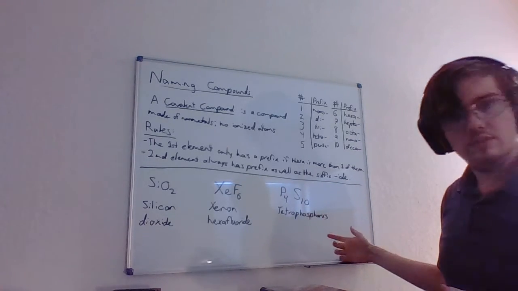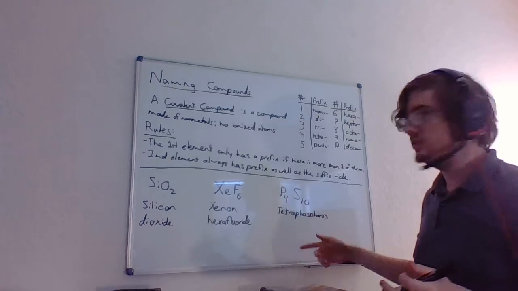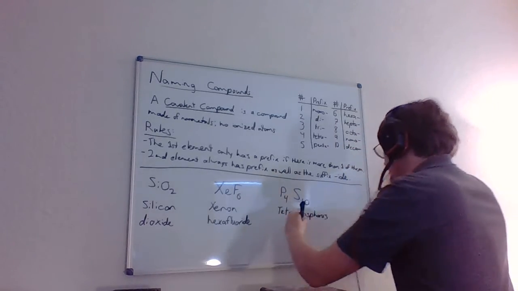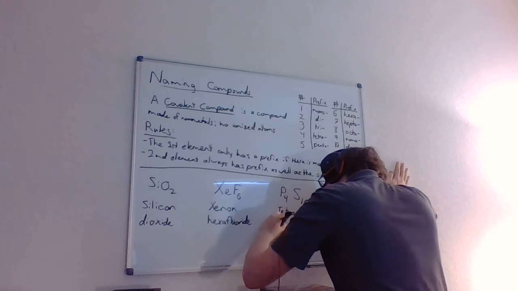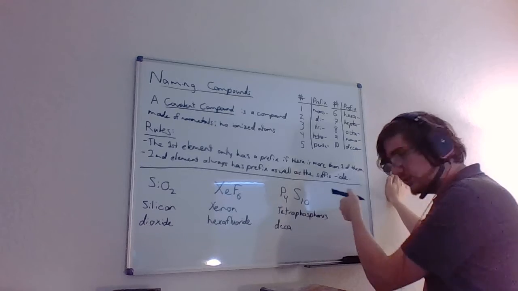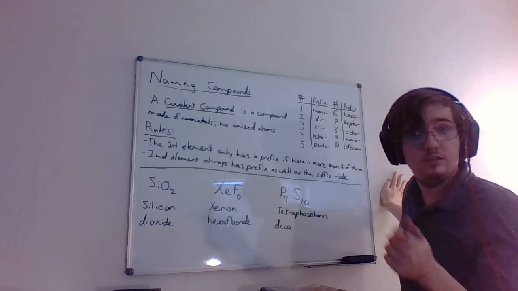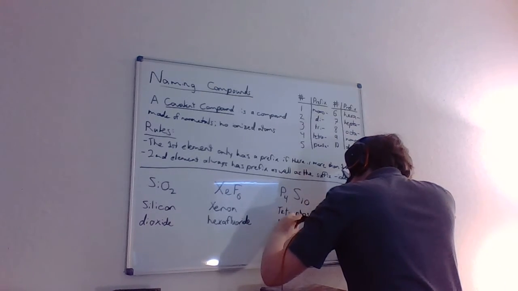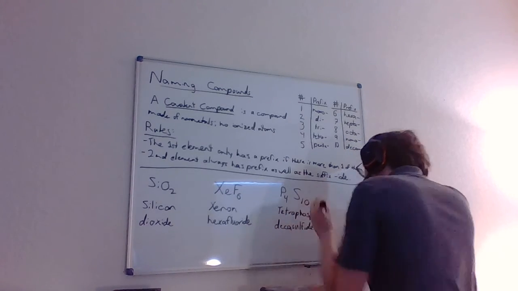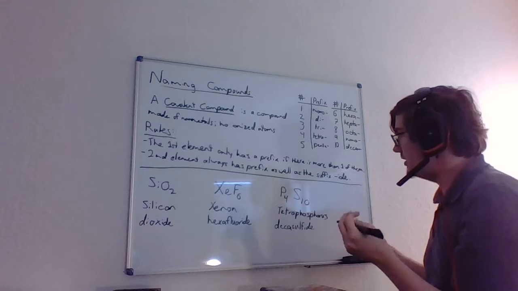There are 10 sulfurs, so we use the prefix from this table, deca. So the prefix is deca, and this is sulfur, so that becomes sulfide. And that would be our answers.